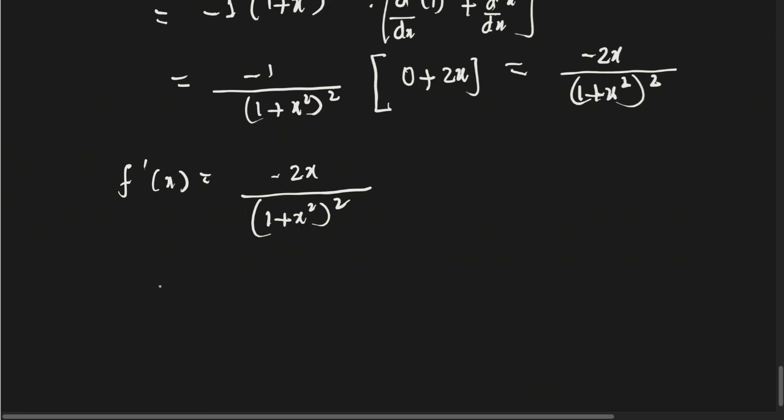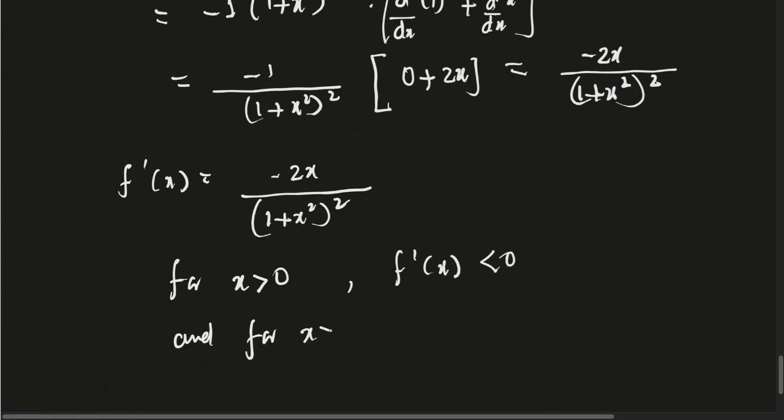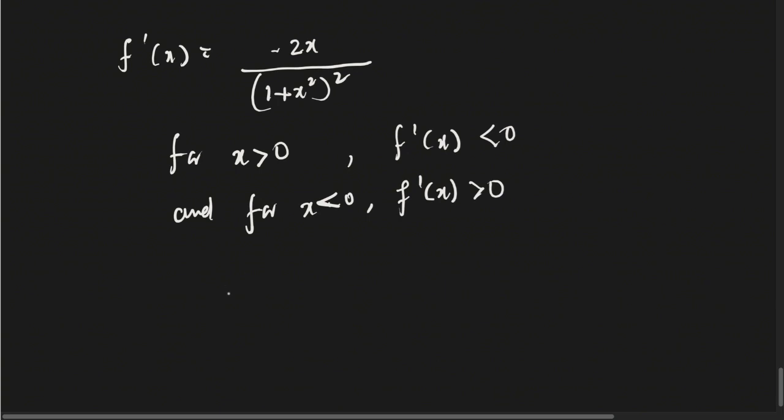So if you see, for x greater than 0, your f dash x will be less than 0, and for x less than 0, f dash x will be greater than 0. So we can show that for x belonging to the real numbers, this function f of x is not a 1-1 function.